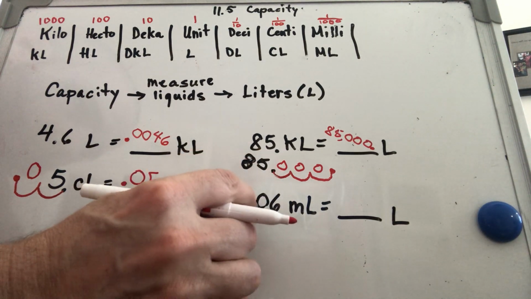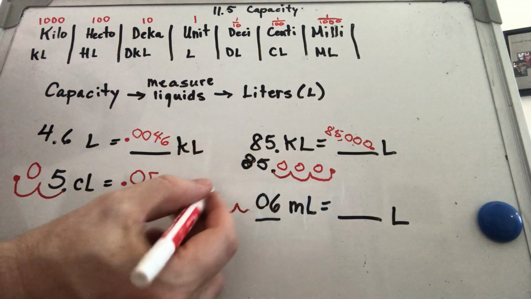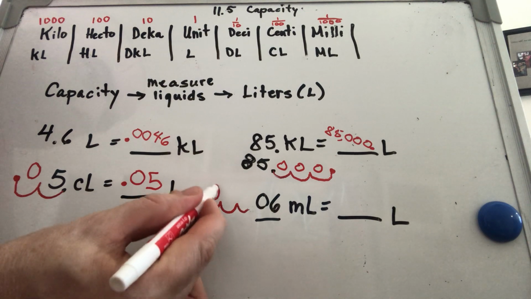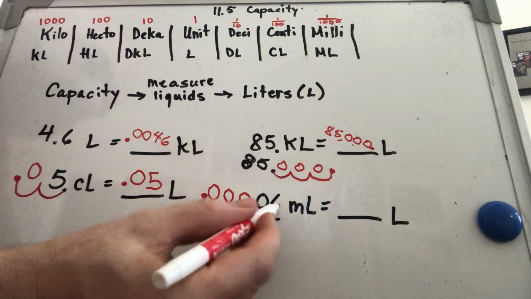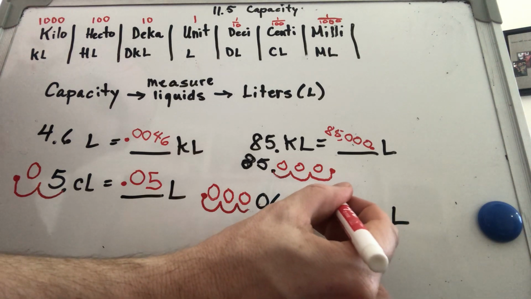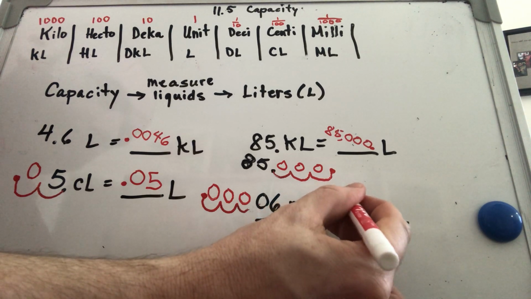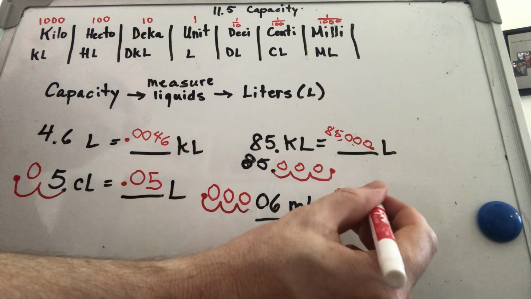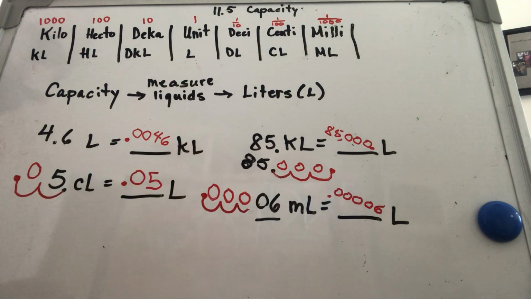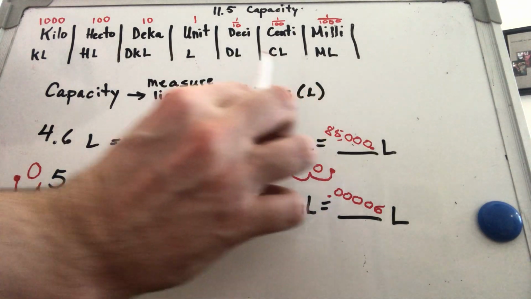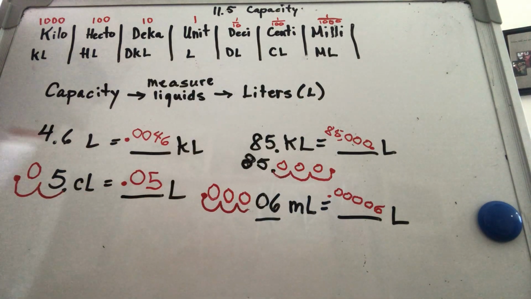My old decimal's gone now. And I fill in the empty places with a 0. 0, 0, 0, 0, 6. So the answer would have been 0.000006. So everything we do up here on the chart, we do the exact same movement with the decimal.